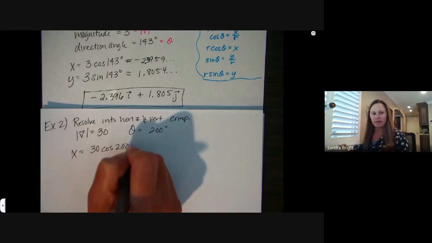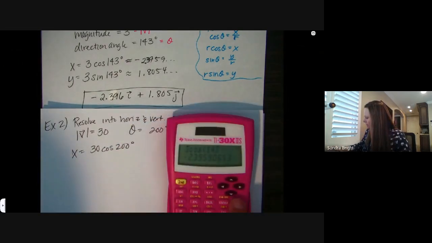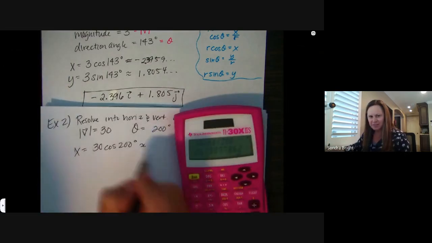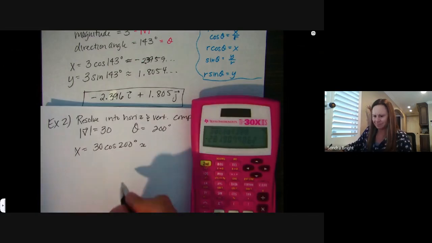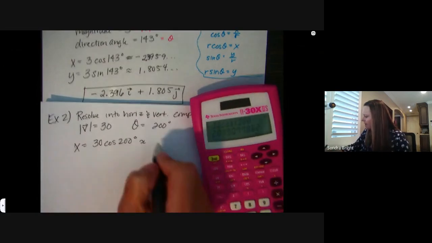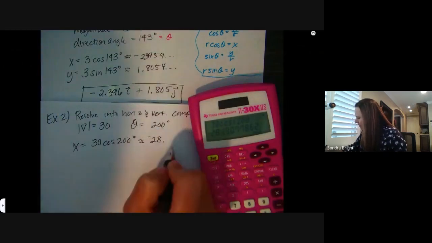We'll put that in our calculator. 30 times cosine of 200, and I get negative 28.1907.